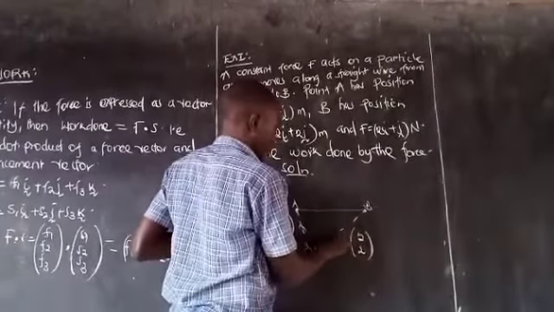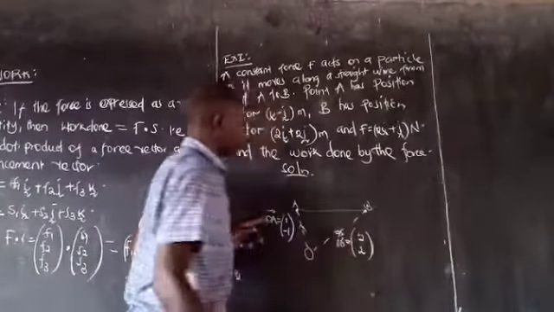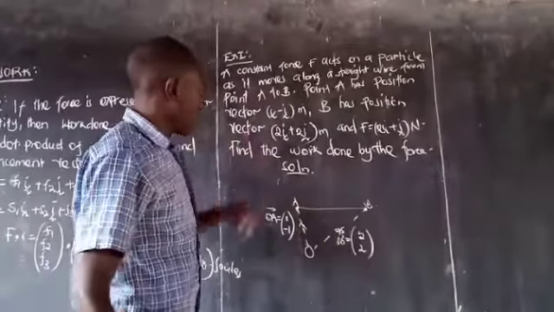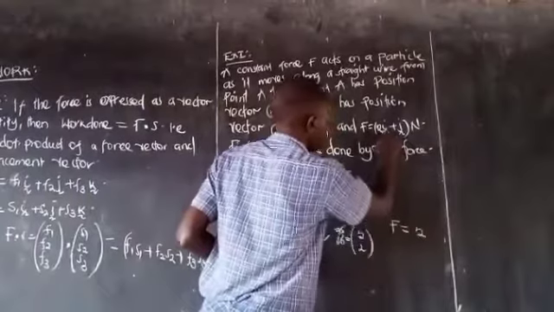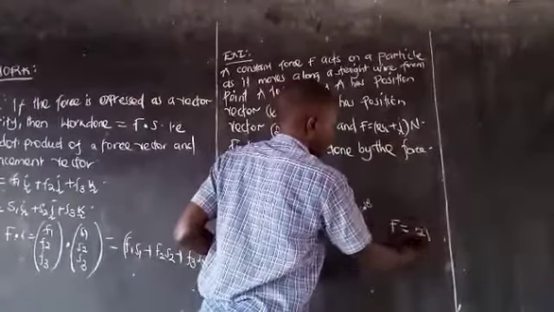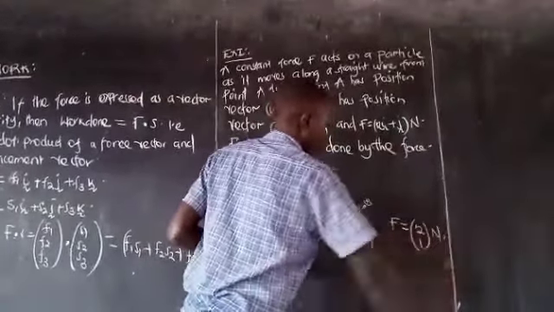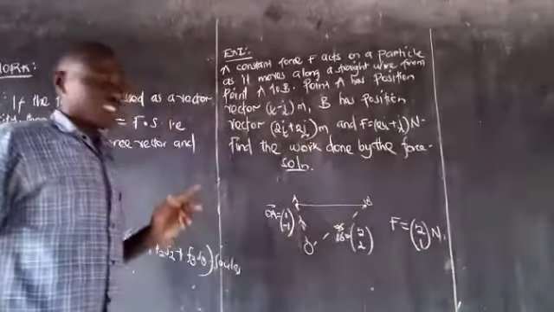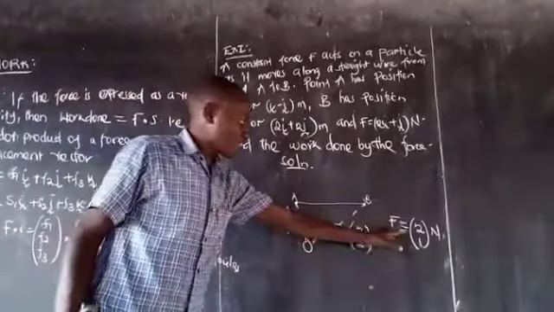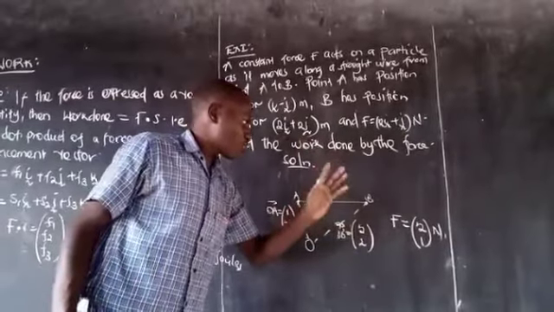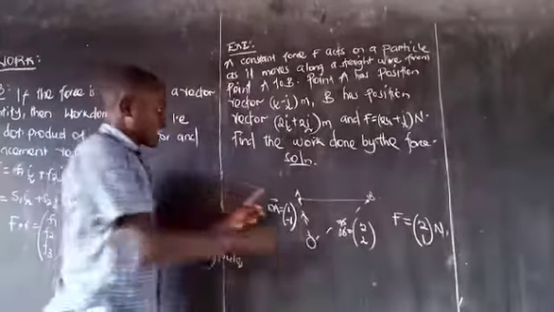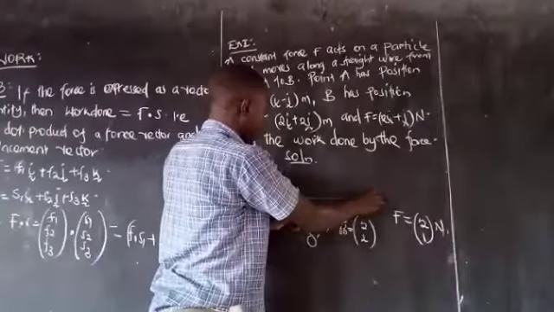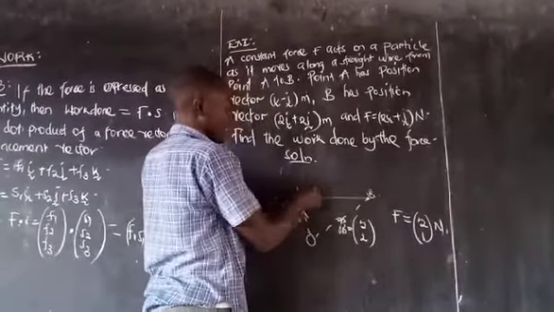That is vector OB. And then they are saying the force F is given by 2 in the i direction and 1 in the j direction, in newtons. We said that if the force is expressed as a vector, then the work done equals the dot product of force and displacement. If the body is moved from A to B, then we are required to look for the vector AB.